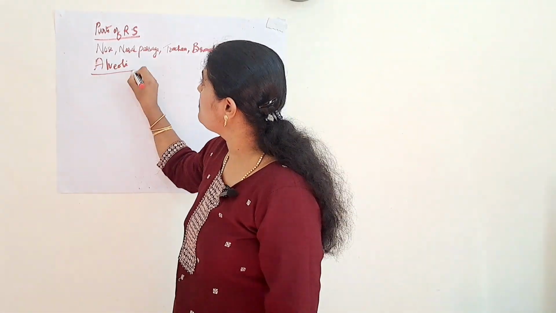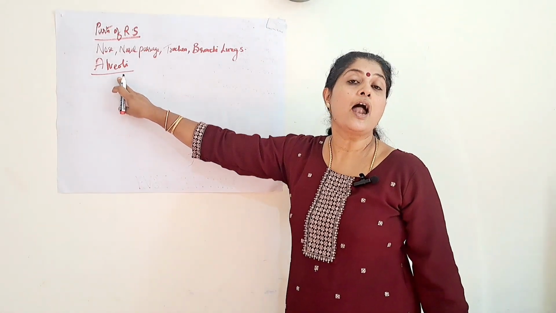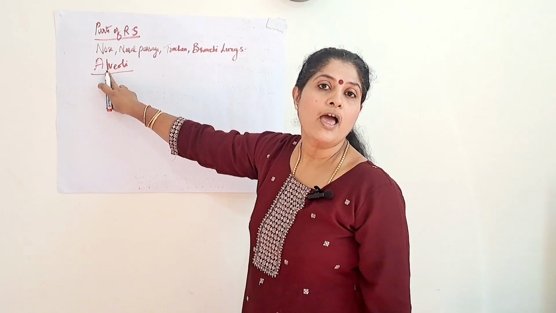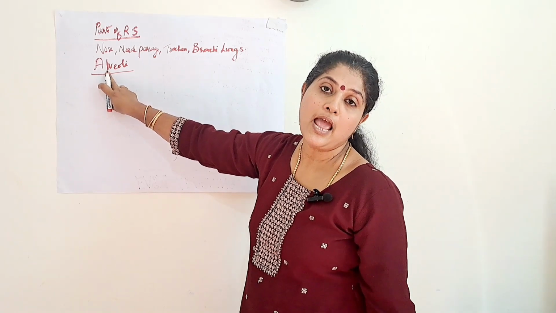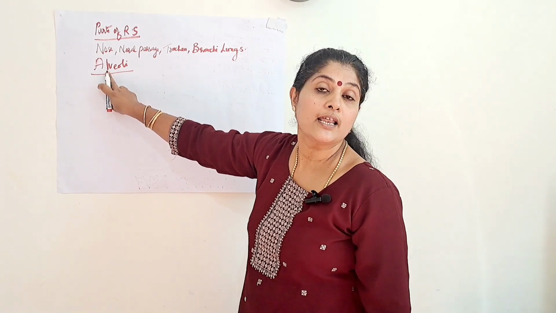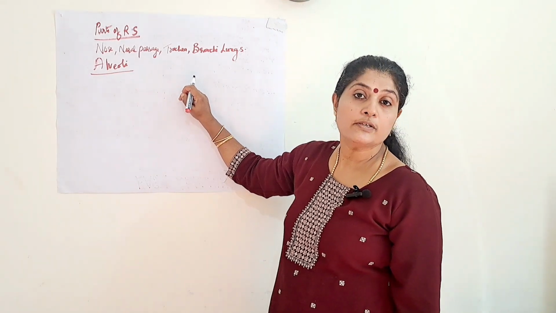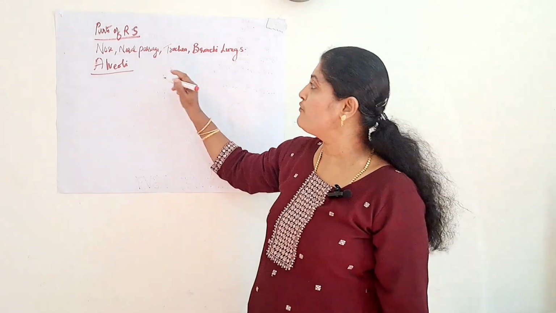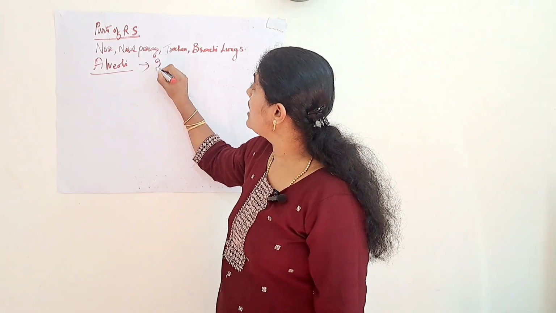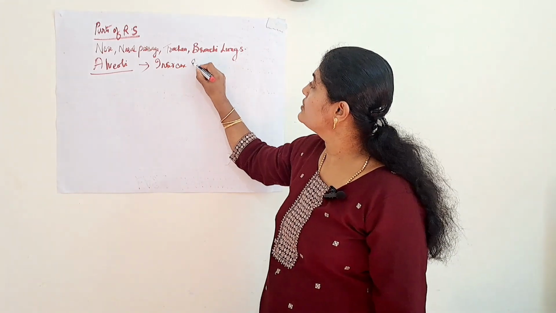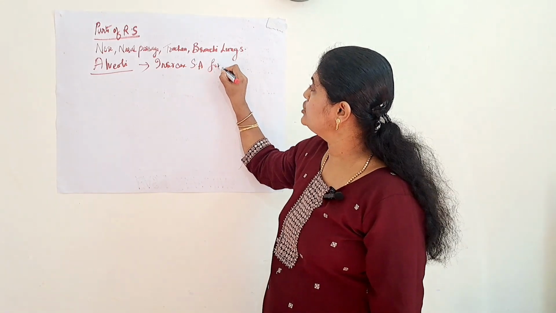This is very important, as a question comes regarding the function of alveoli. The main function of alveoli in the respiratory system is that it increases the surface area for the exchange of gas.